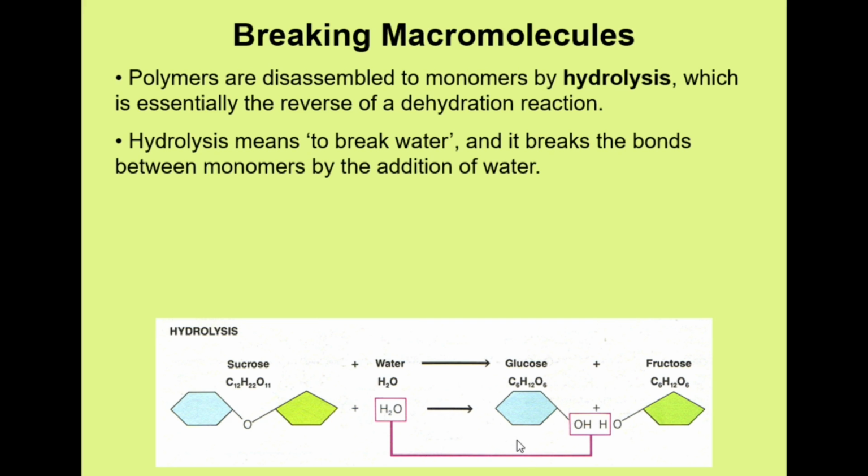So that effectively breaks that glycosidic link and gives us our glucose molecule and our fructose molecule, and that is now an ideal situation because those molecules are small enough to get into our bloodstream, so we can get them into our cells where we can use them.